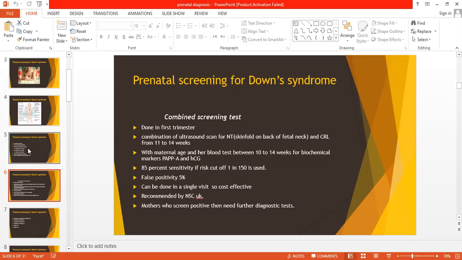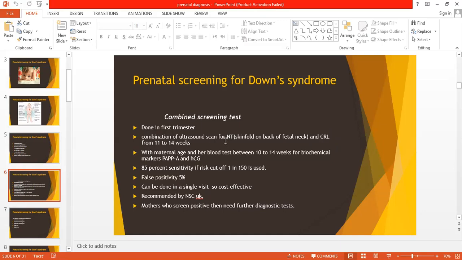So you use a combination of nuchal translucency measurement along with the measurement of crown rump length. You measure the crown rump length to determine the gestational age. As this test is done from 11 to 14 weeks, right?